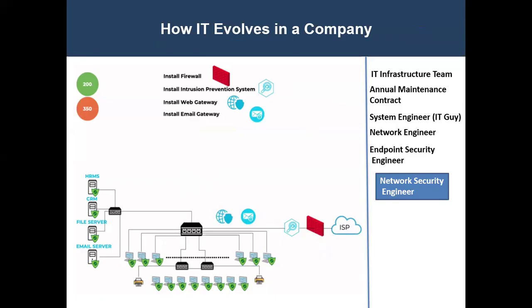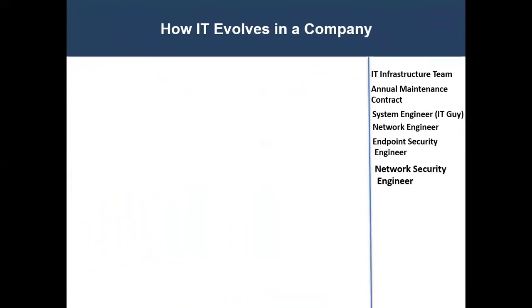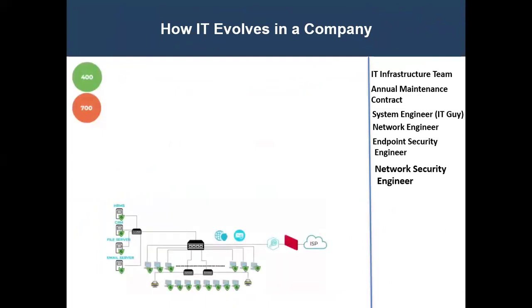What I want you to understand is that we slowly started with the system team and network team, then we got an attack and formed the endpoint security team, then an attack may happen on the network, so we have the network security team. This is how we have grown the team. In the next phase, we have started the business and have different offices.